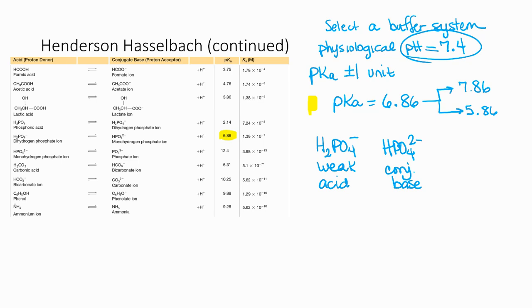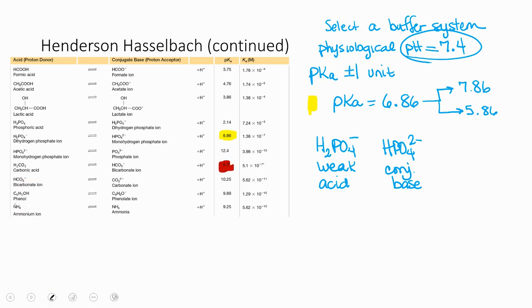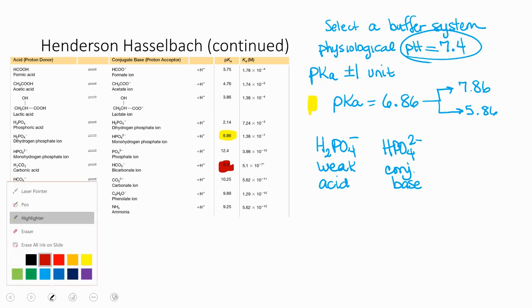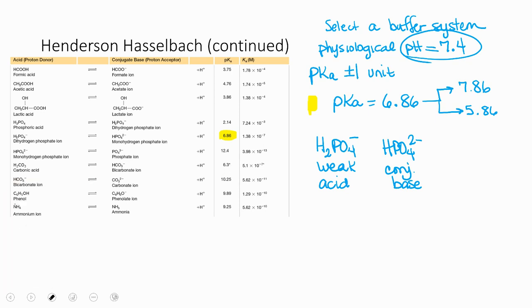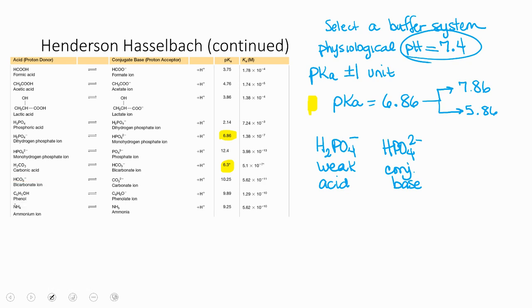Okay. Now, there's one more here that's kind of close, and that is the carbonic acid one. That one is right there. Oops, I don't like the red, sorry. At 6.3. So it's close, and interestingly enough, this is a very important biological buffer, carbonic acid with bicarbonate.